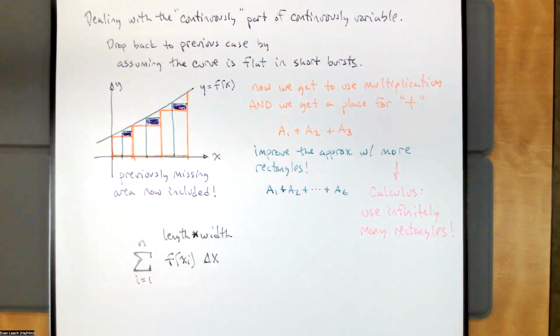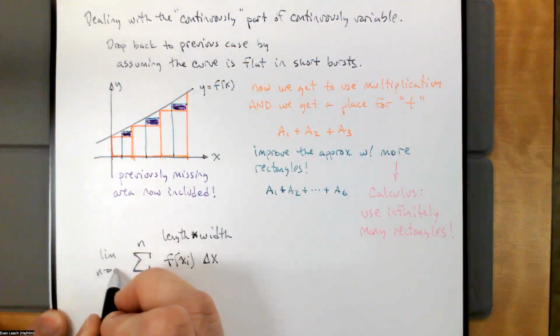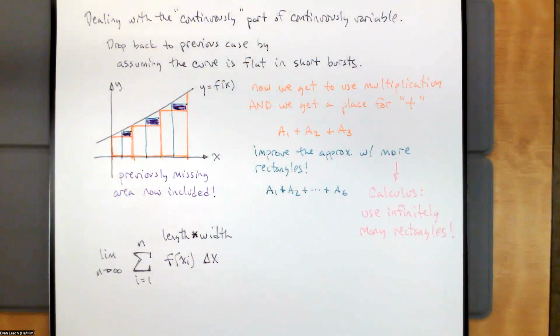So here we're adding up all those rectangles. I'm using n rectangles. We start at 1 and go to n. And then calculus says use infinitely many rectangles. f at x_i is us making a discrete set of heights rather than our continuous height or length.